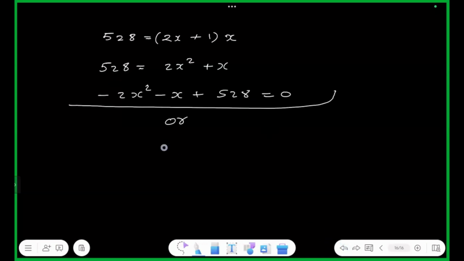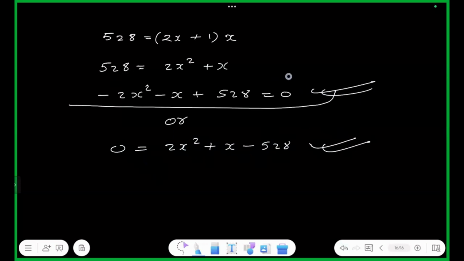So what will you get? 2x square plus x minus 528 is equal to 0. Okay, so this is also correct and this one is also correct. If you keep the first, then a will be minus 2, b will be minus 1, and c will be plus 528.